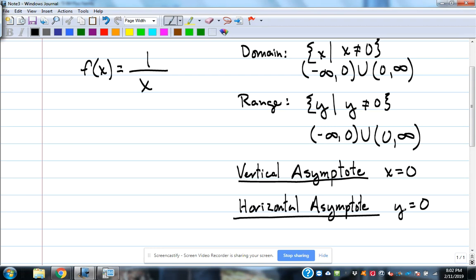And again, as we go through this section, I'm going to teach you how to recognize those asymptotes from the equation, because sometimes they're hard to see on the graph, but in the equation they're actually quite easy to see.